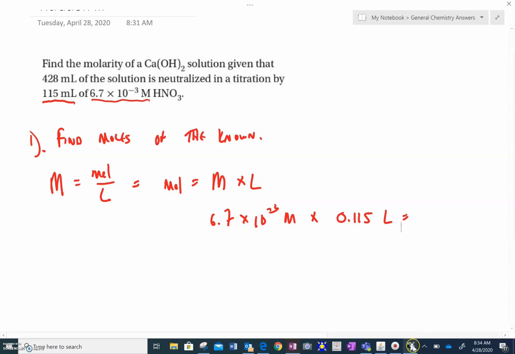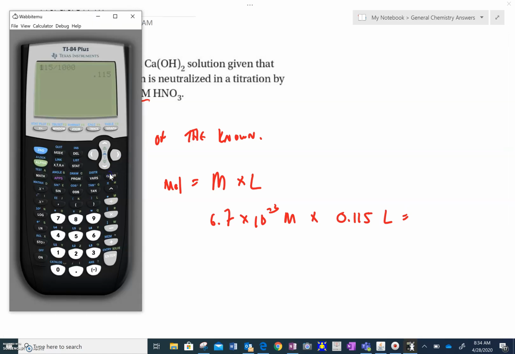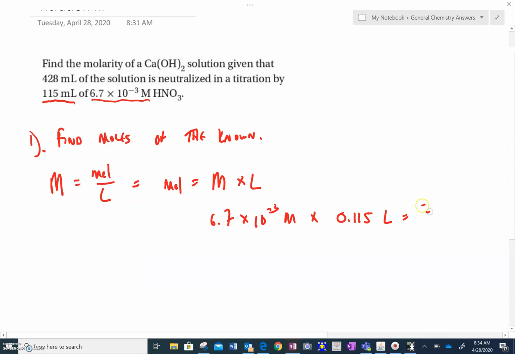We'll take our calculator and we'll say 6.7 times 10 to the minus third molar times 0.115 liters. Here you go. 7.7 times 10 to the minus 4 moles, okay? That's how many moles of HNO3 we have.